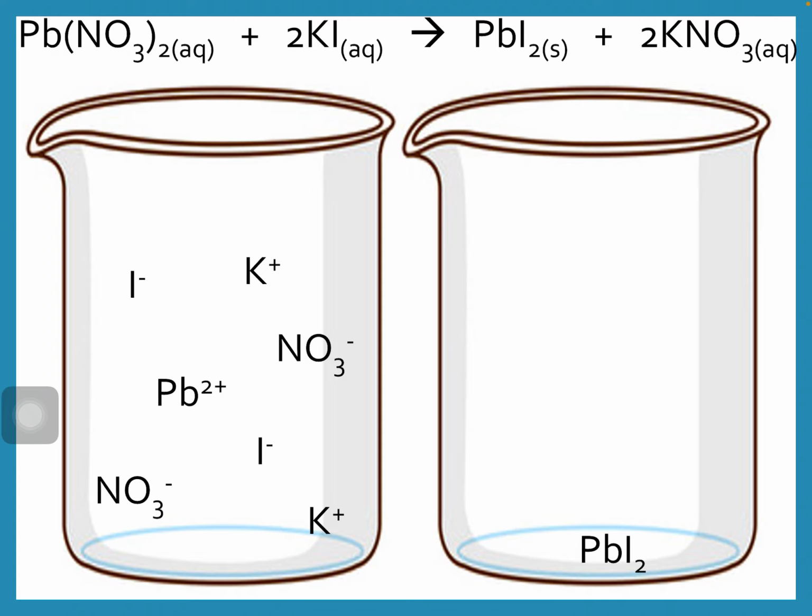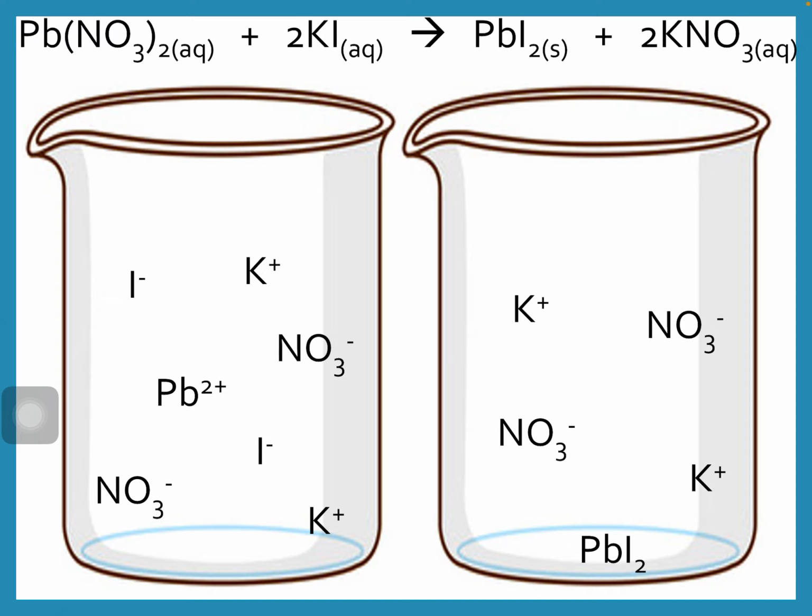Potassium nitrate, on the other hand, because it is aqueous, will be dissolved in water. So as potassium and nitrate ions collide with one another, they are not going to stay attached because they will dissolve in water. Those nitrate and potassium ions are still just going to be found in solution.